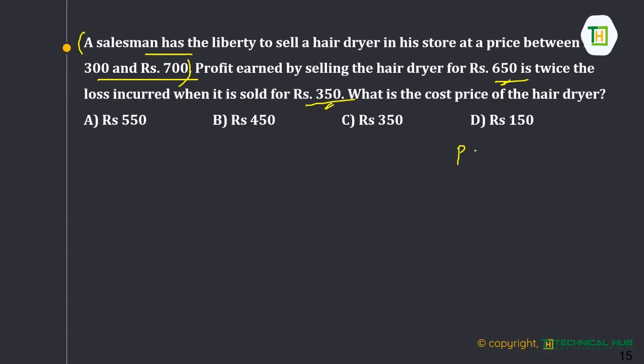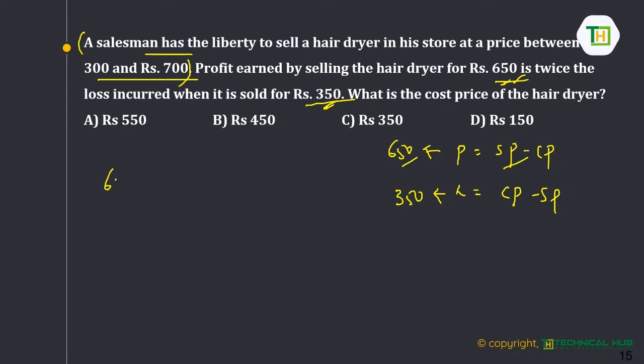You know profit is equal to selling price minus cost price, and loss is equal to cost price minus selling price. When he sells at 650 rupees, he will get the profit, and when selling at 350 rupees, he will get the loss. What is given here? The profit from selling the hair dryer at 650 is twice the loss incurred when it is sold for rupees 350. It means the selling price of the hair dryer, 650 minus CP, is equal to 2 times the loss.